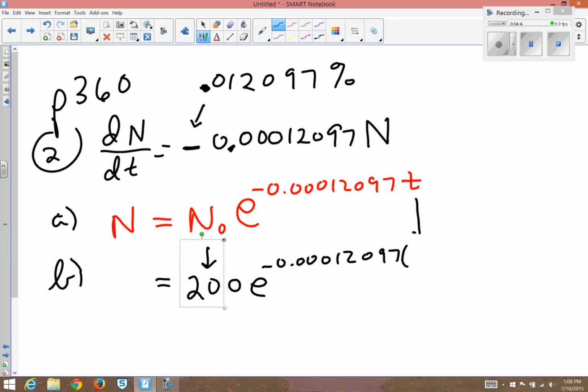So in place of t for time, we put 800 years. And N is what we're looking for in part B. That'll be the amount of carbon-14 after 800 years, if there's 200 grams at time 0.